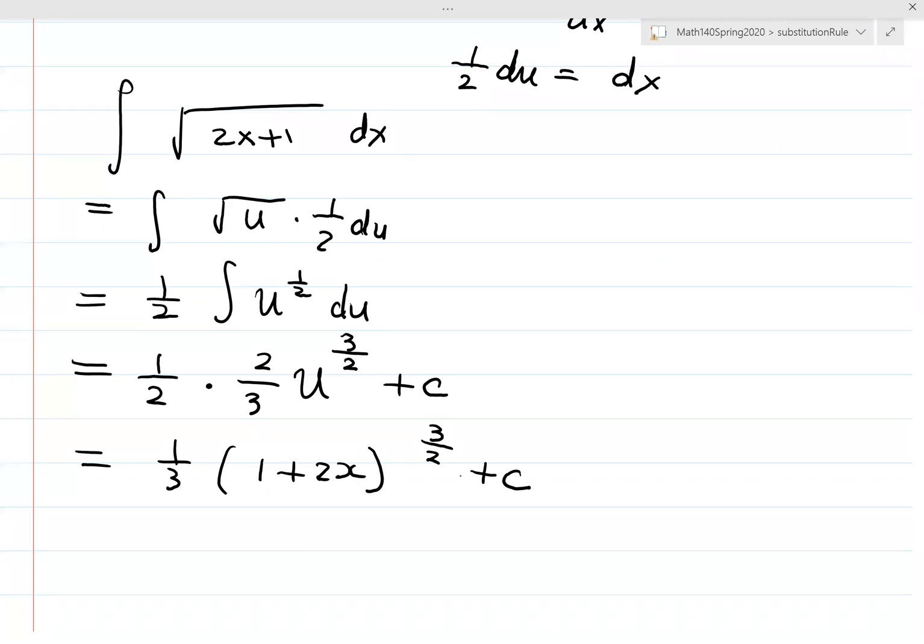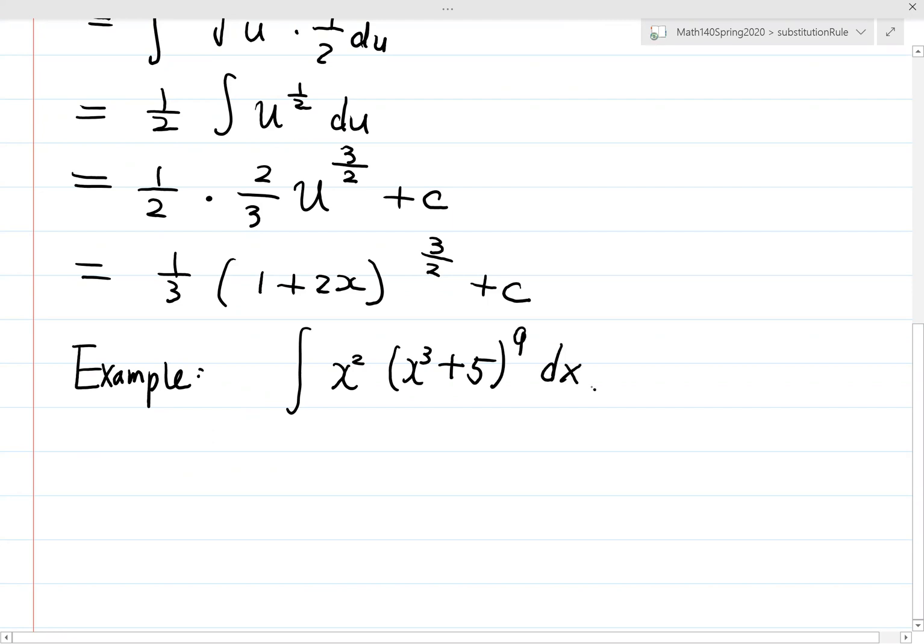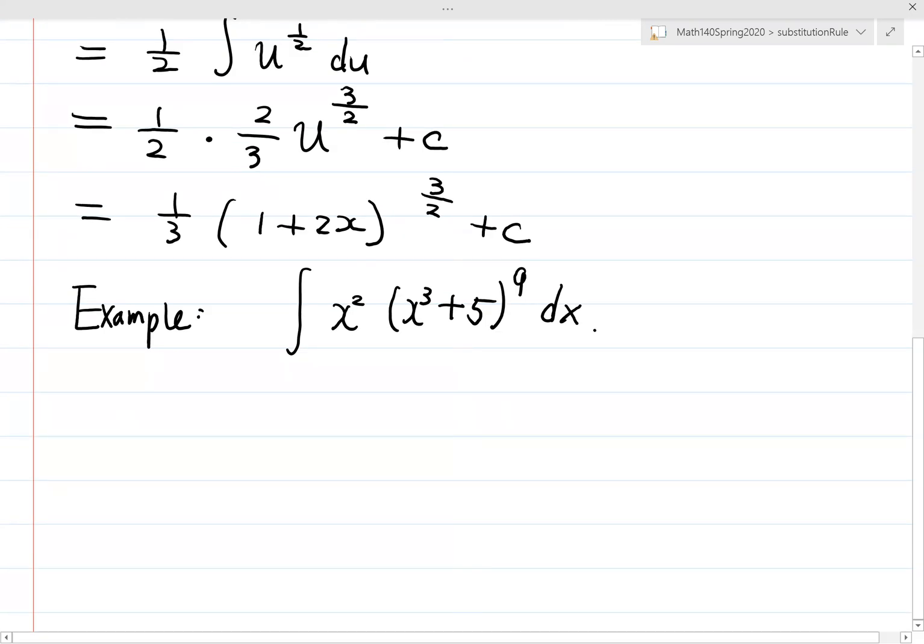Okay, more example. Well, this example, first of all, the integrand is a polynomial.